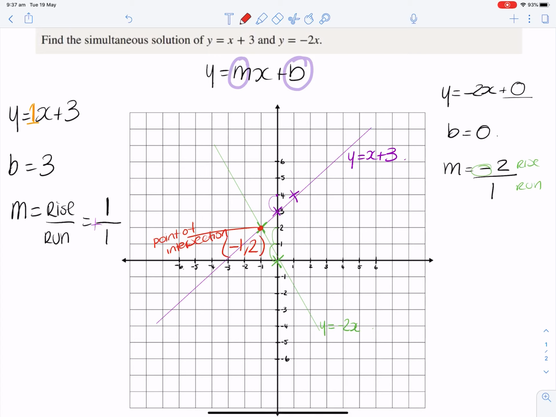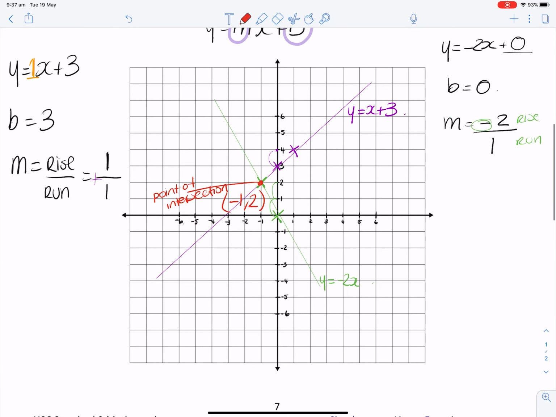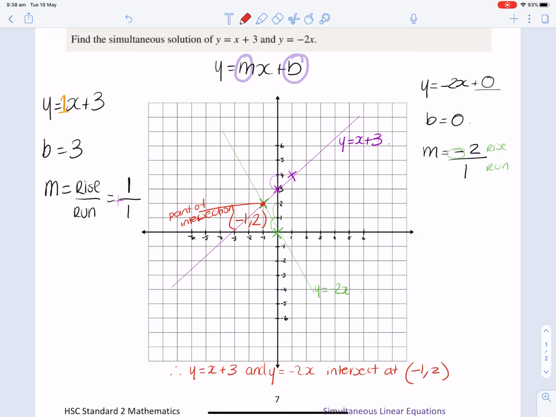You need to write those coordinates with x first and y second. So therefore, y equals x plus 3 and y equals -2x intersect at -1 and 2. So that's that example.